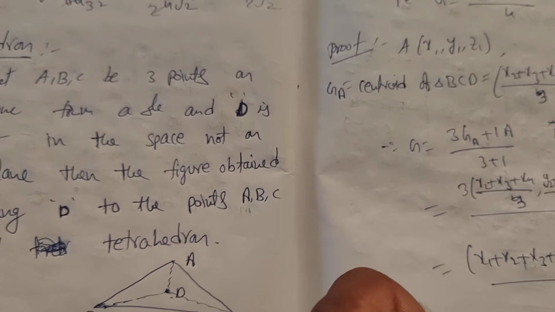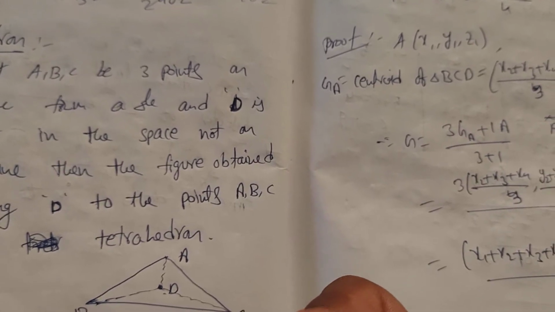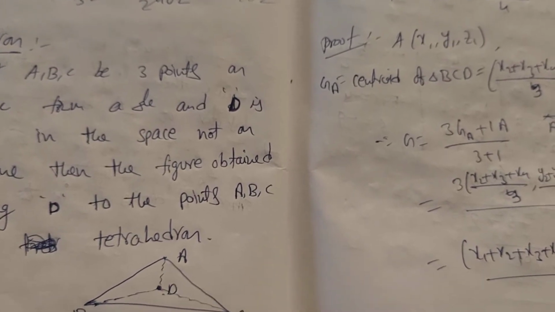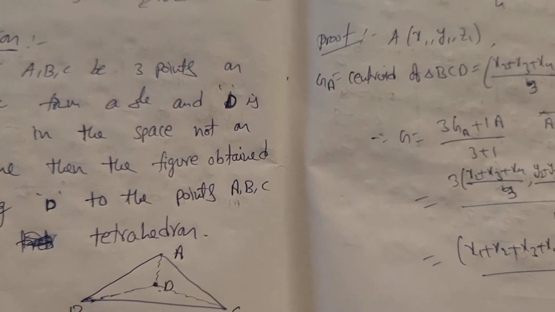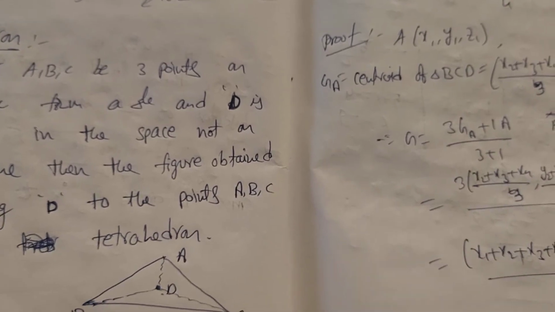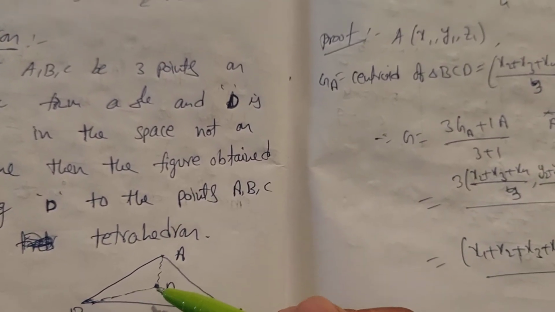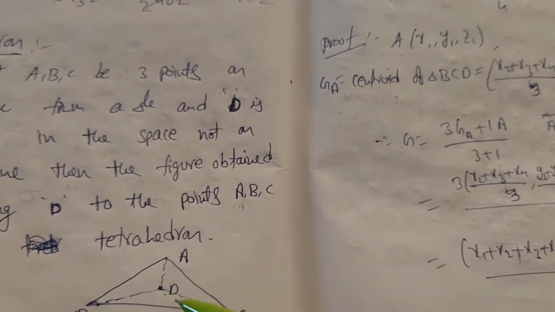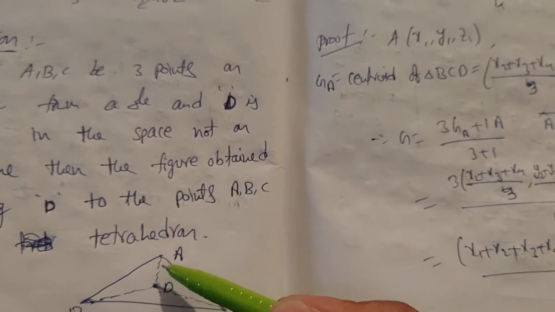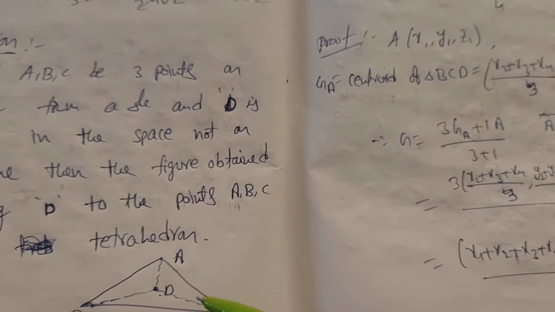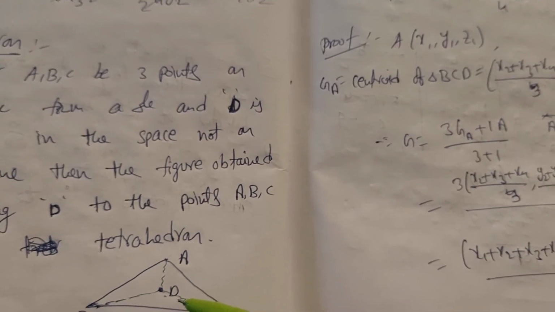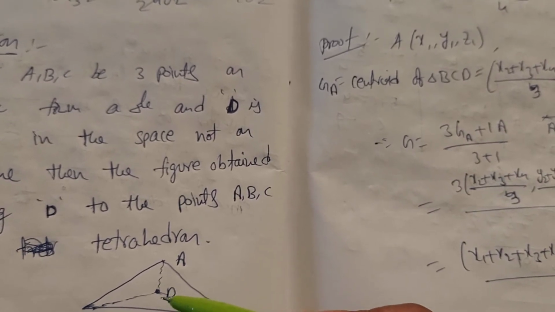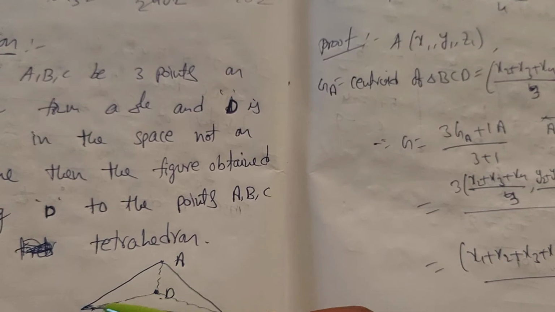Now that centroid divides the line segment joining any vertex to the centroid of the opposite triangle. That means, suppose you take D as one vertex, G is inside the space, and for this D the opposite triangle is ABC. So we can find the centroid of triangle ABC. Now the line joins D to the centroid of triangle ABC.